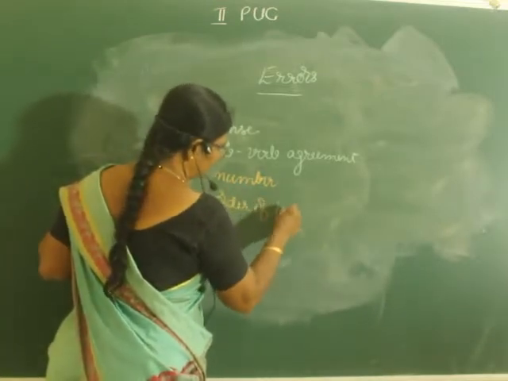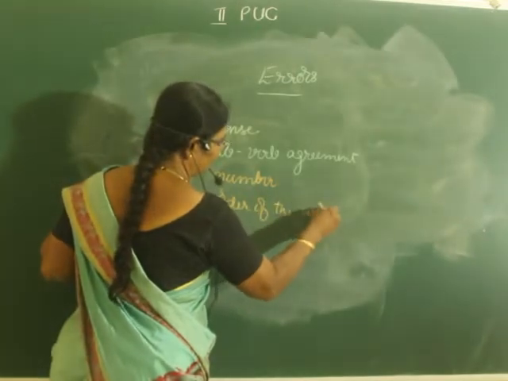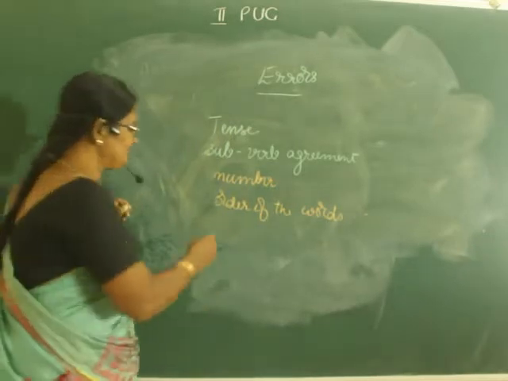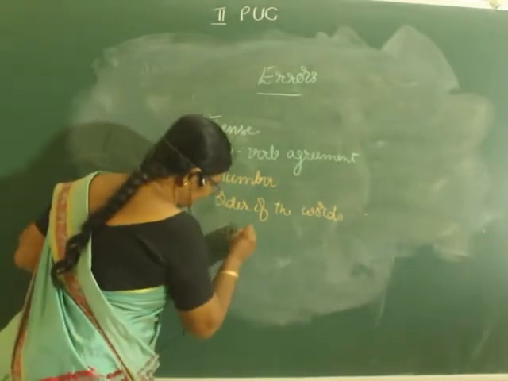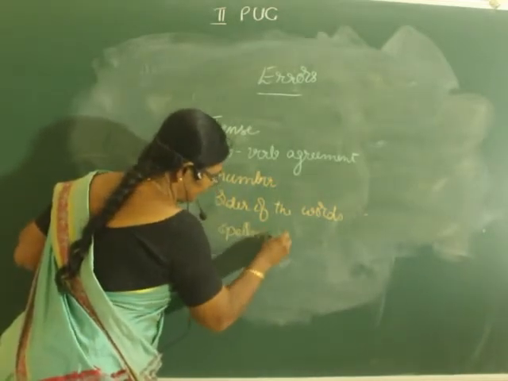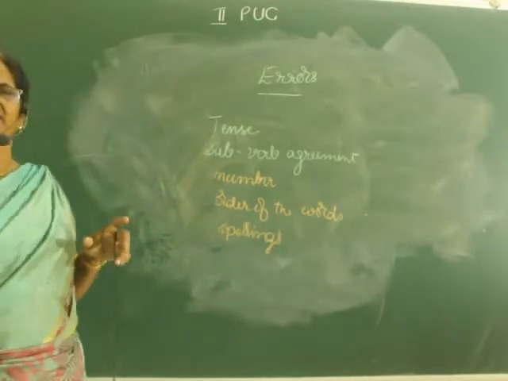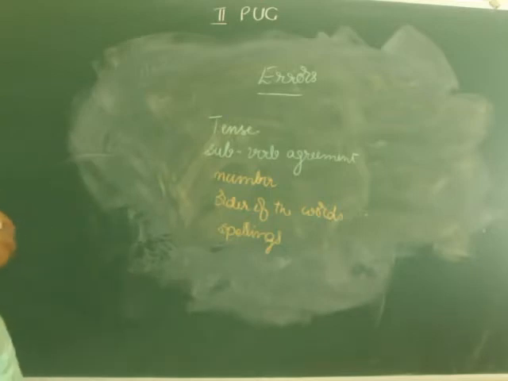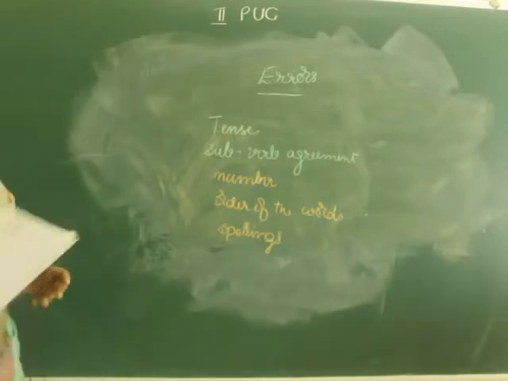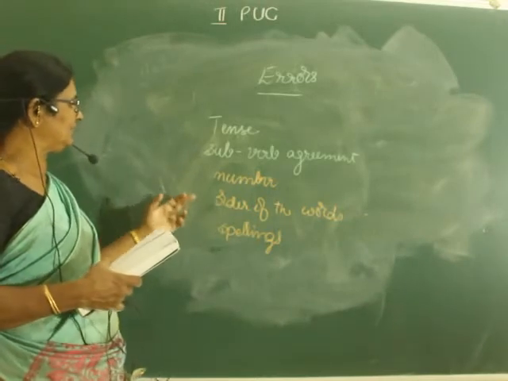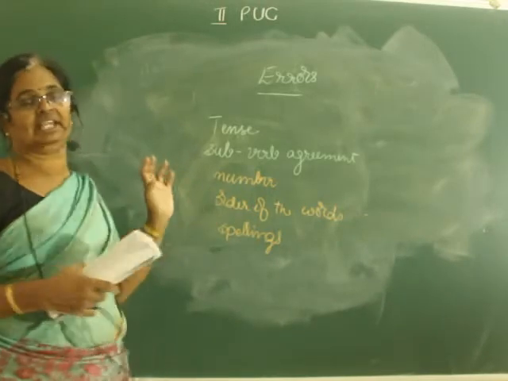Order of the words. Sometimes spellings. So these are the main 5 types where these errors occur: tense, subject-verb agreement, number, order of the words, spellings. Got it?